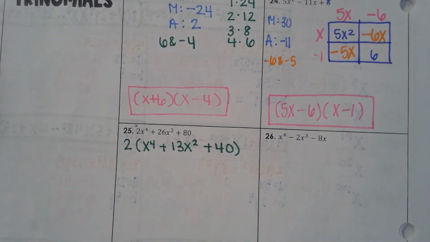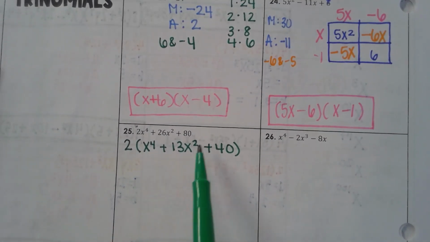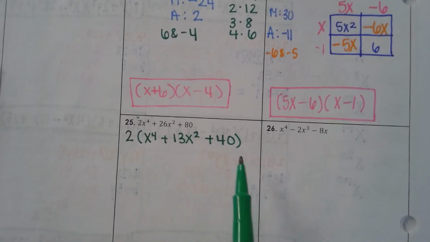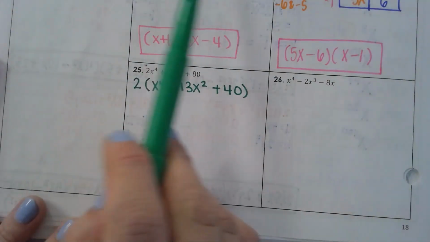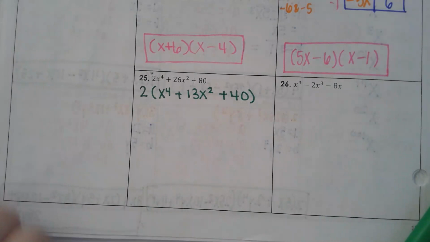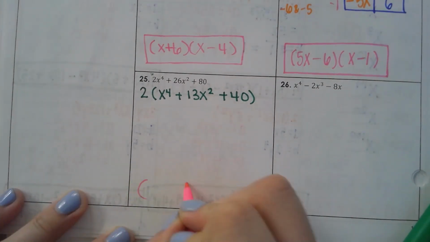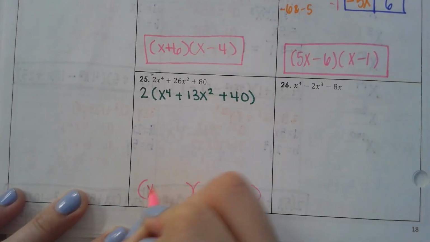And this one looks new, but when you have an x to the 4th and then an x squared and then nothing, it's just like the one above it, except in your parentheses, instead of just having an x, you have an x squared.